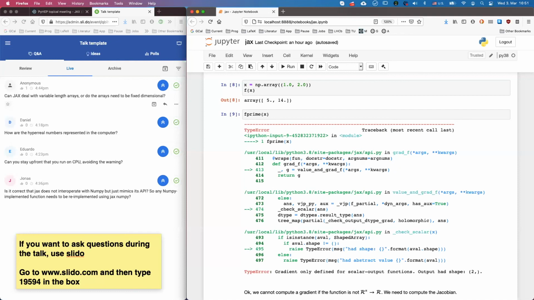Yes. Like I said, normally it differentiates with respect to the first argument of your function. But if you have some first argument that is something else, you can also say, don't use that, use another argument. Right, so that works. That does sound a bit more flexible than PyTorch.